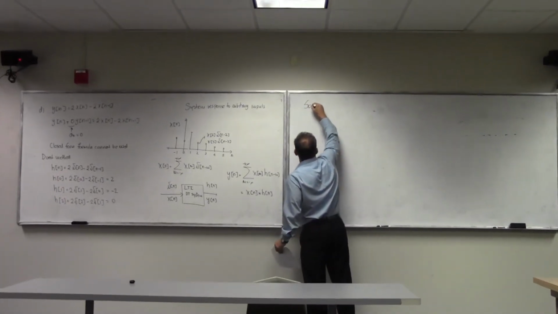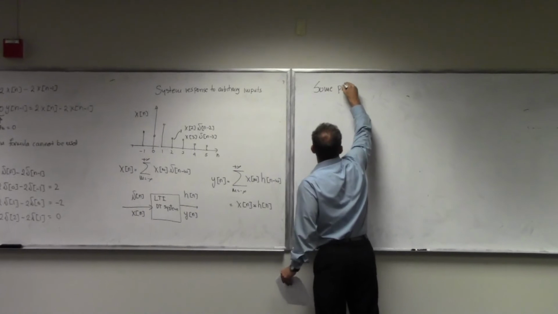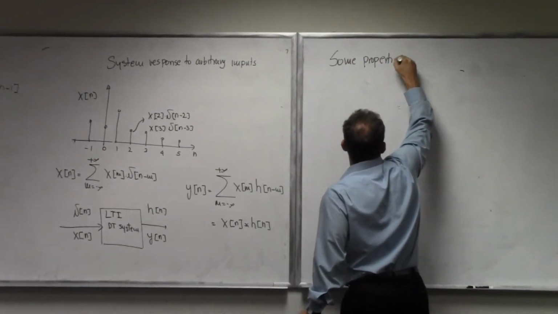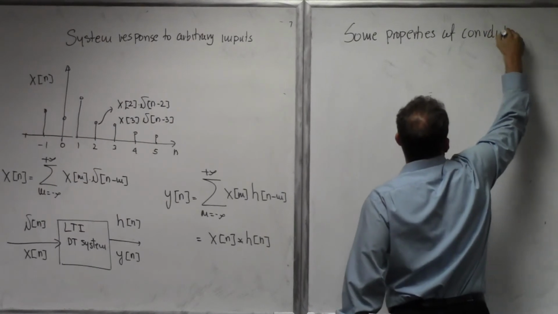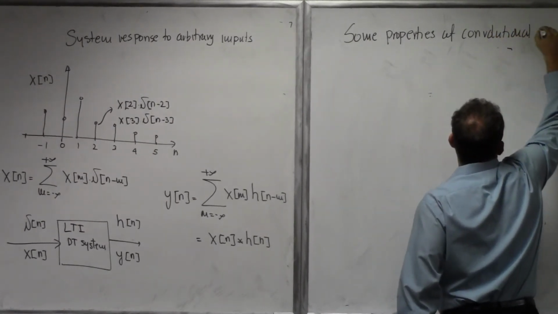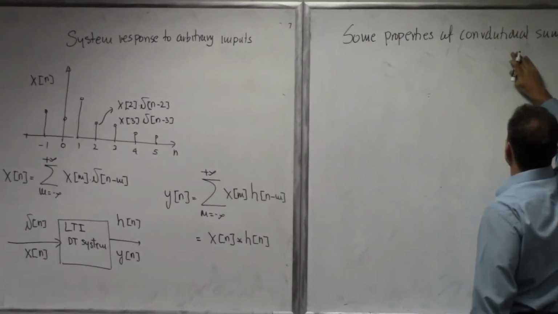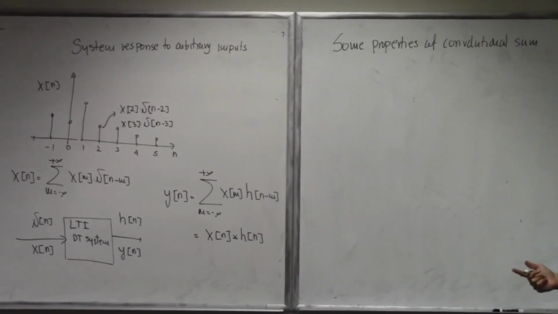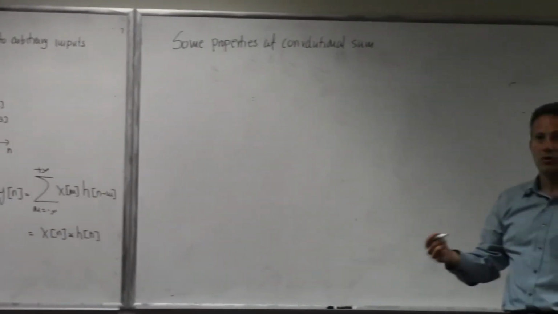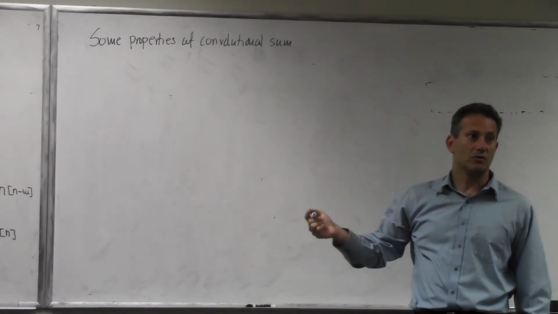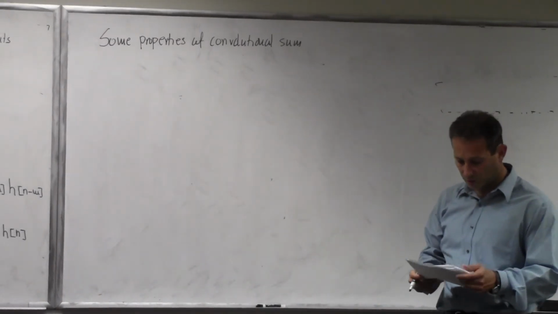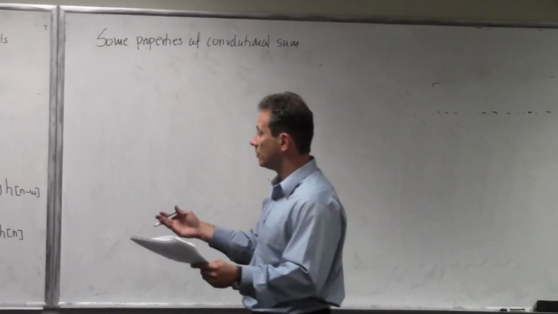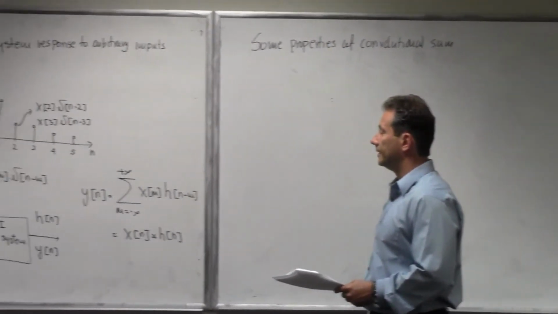So some properties of convolution sum. What we had in a continuous time domain was a convolution integral. This is a convolutional sum. Both of them, shorthand, we can just call convolution, right? If we know what the convolutions are.